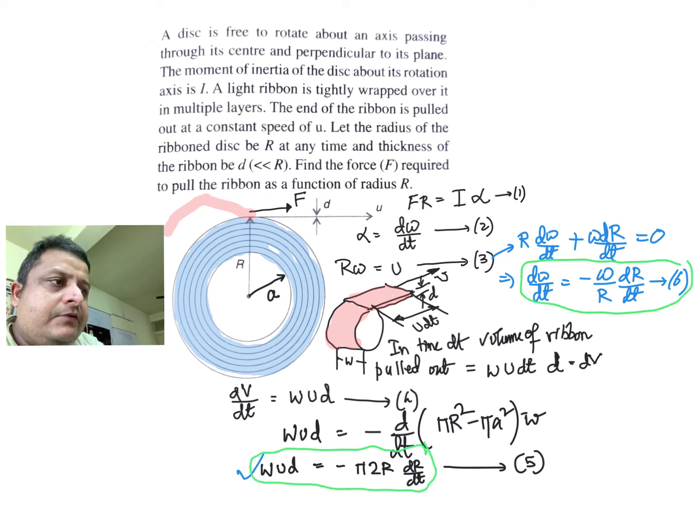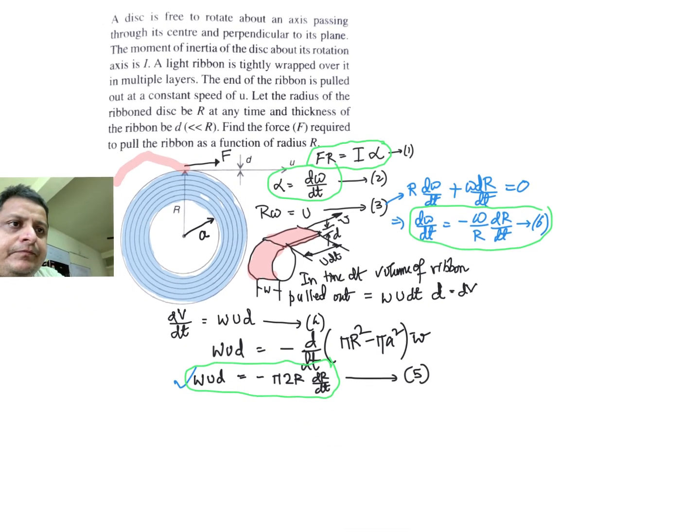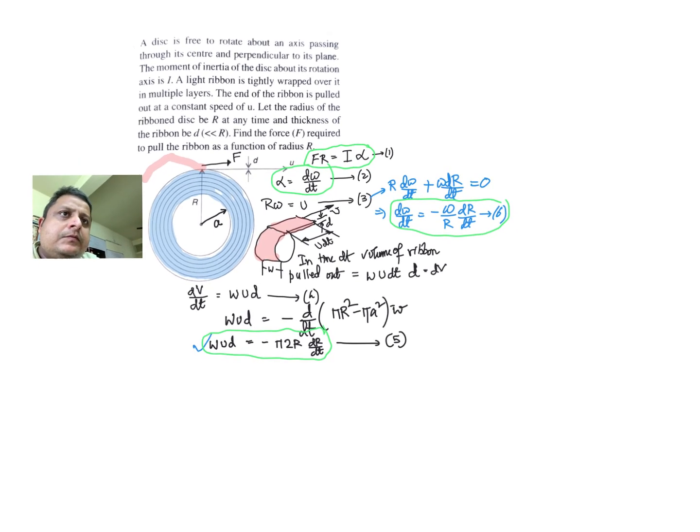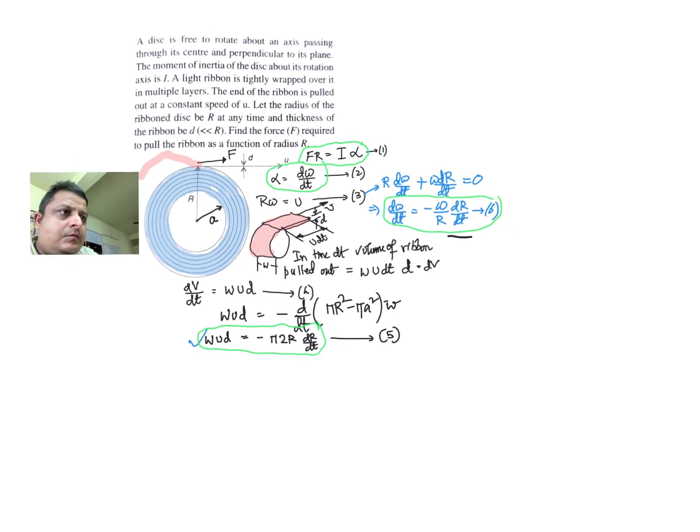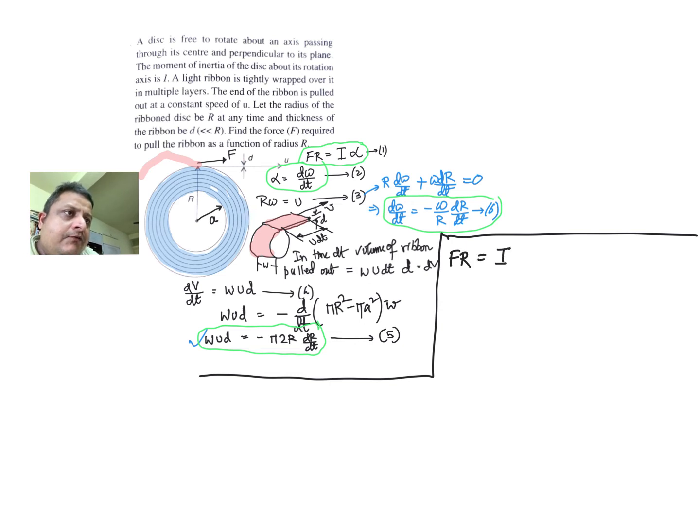We will need equation 5, equation 6, and also equations 1 and 2 combined. So let's work it out here. F times r equal to I alpha, meaning I d omega by dt, and from equation 6, d omega by dt is minus omega by r times dr by dt, and dr by dt from equation 5.